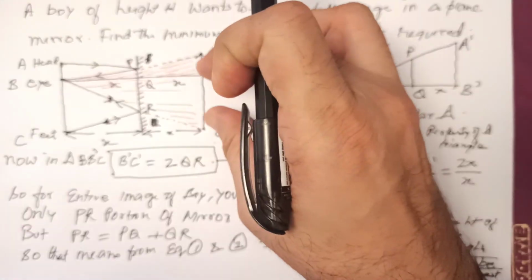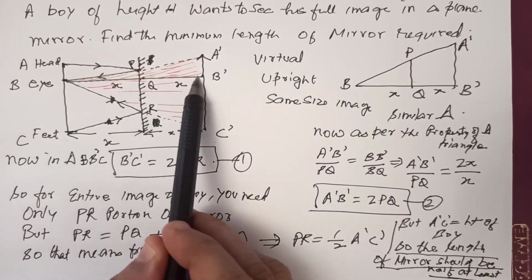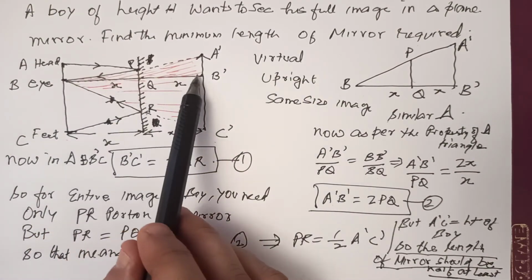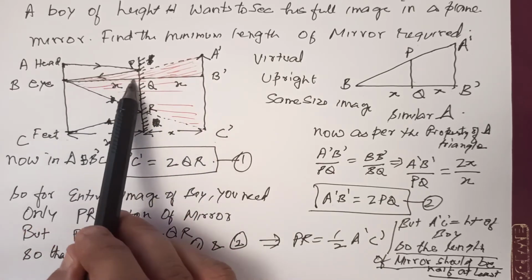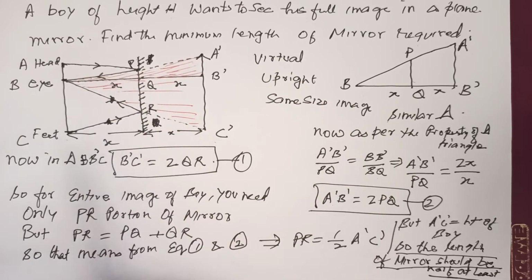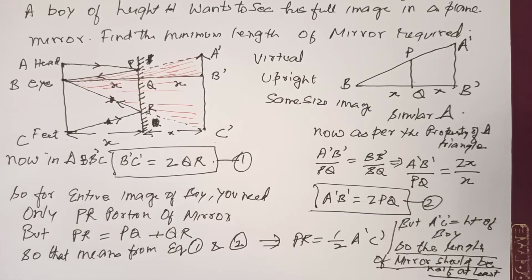So this is twice of this. Why? This distance remains the same, right? We can compare this big triangle and this small triangle, both are similar, and we do it in the same fashion and get this.